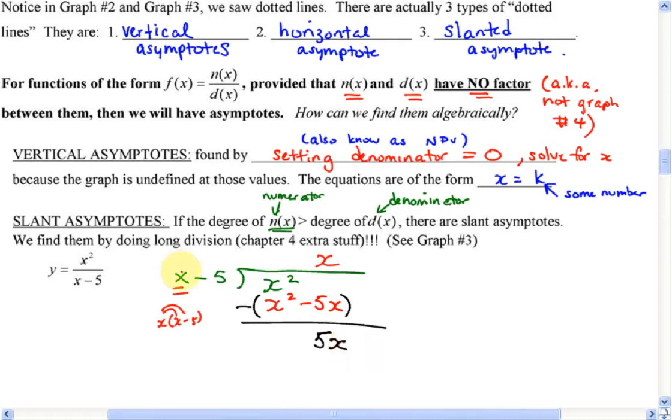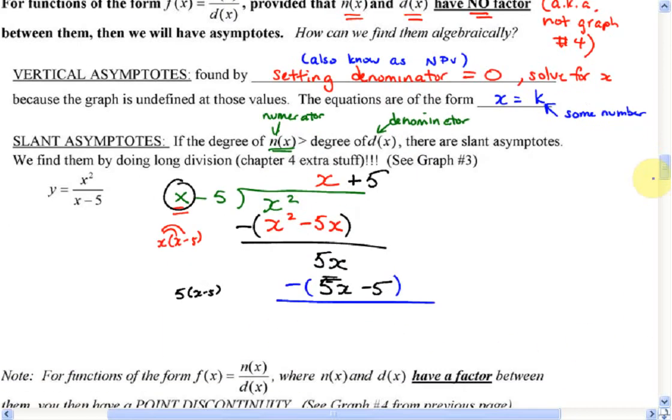Well, ask yourself, x times what gives you 5x? How about the number positive 5? And then we'll take 5 and multiply that by x minus 5. So that's 5x minus 5. We'll subtract once again, and let's see what our remainder is going to be. Our remainder in this case is going to be the number 5.